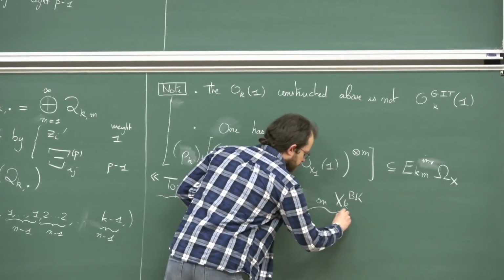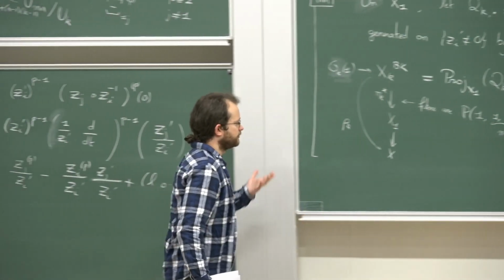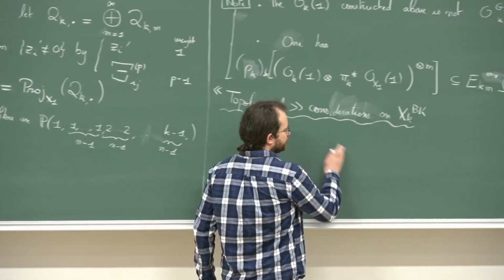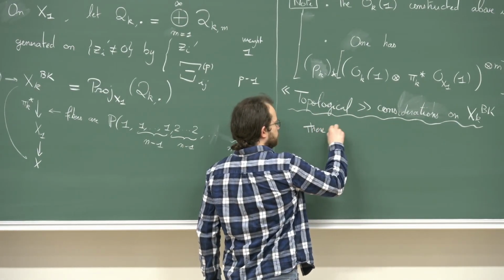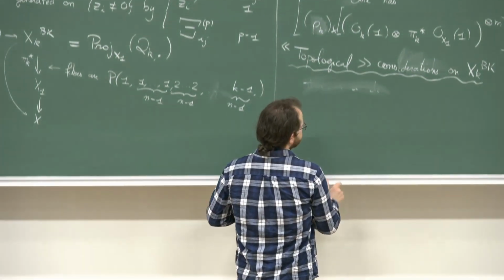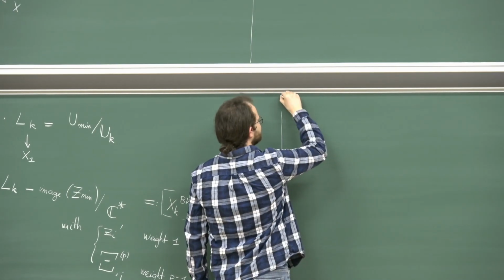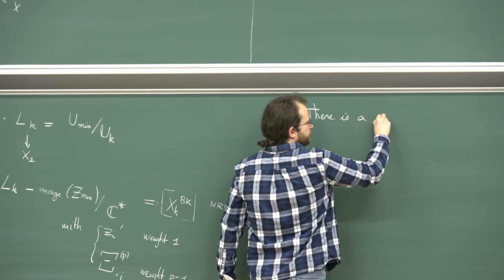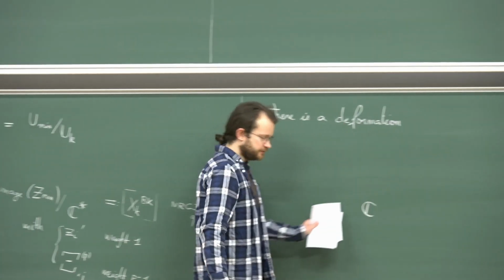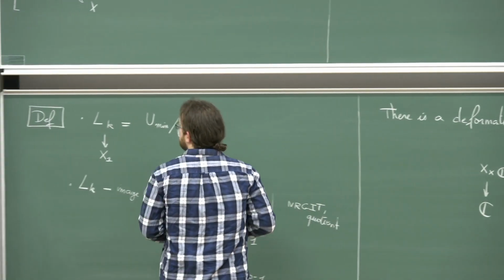Okay, so one thing you can do when you have jet spaces, and this is something which already appears with Green-Griffith jet differentials, is that you can deform them to end up with a true vector bundle on X. So there is a deformation, a one parameter deformation lying above C of the space JK.